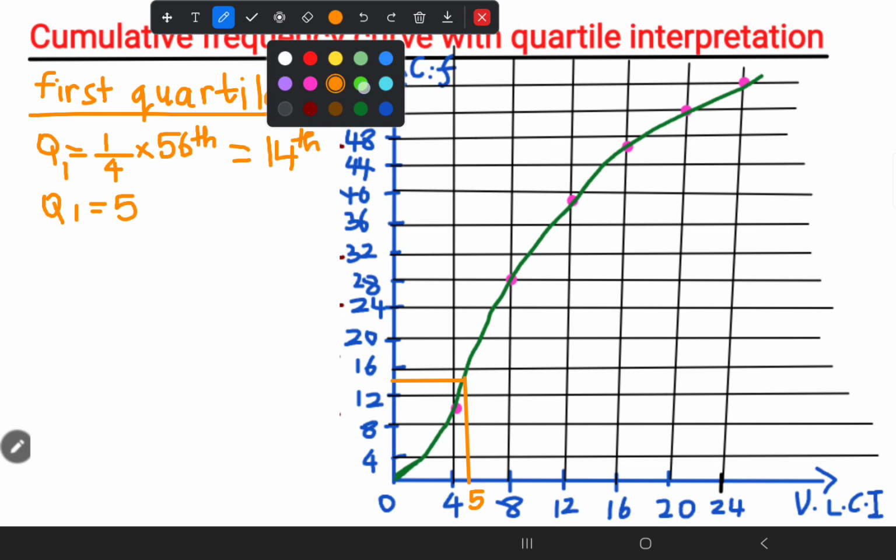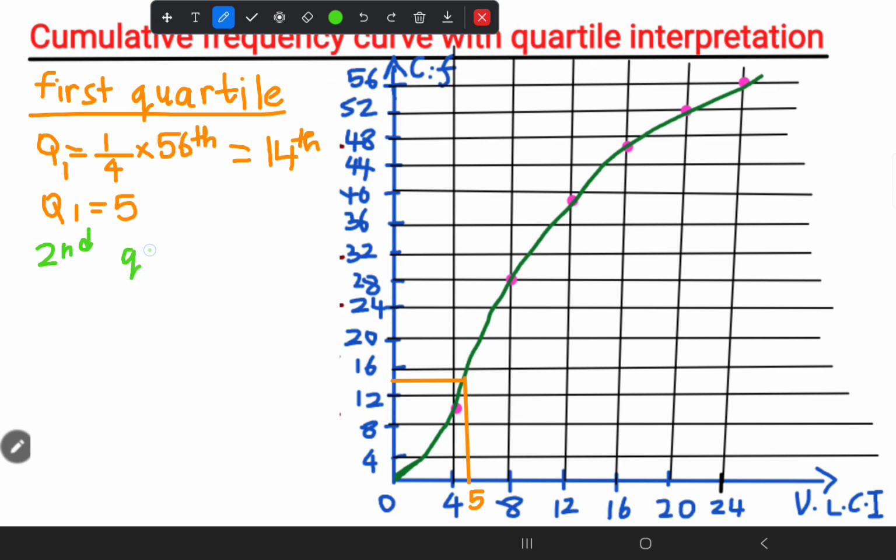Then next Q2, the median, second quartile. On some occasions we use the term median. Median also refers to Q2. So 2/4 of 56, second quartile of total cumulative frequency.